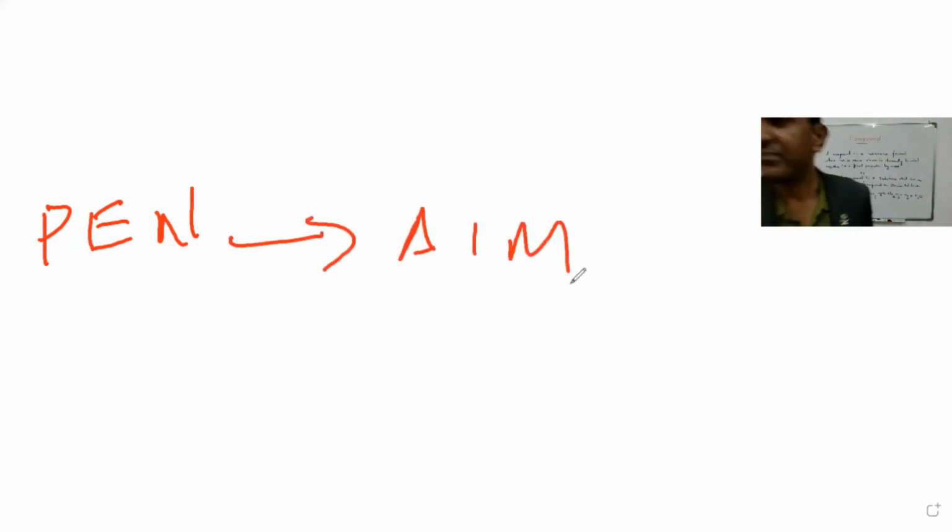Okay, yes. So let us start with the alphabets. P stands for proton, E stands for electrons, and N stands for neutrons. Protons, electrons, and neutrons are the basic subatomic particles. An atom is made of main particles called proton, electron, neutrons. Then AIM.